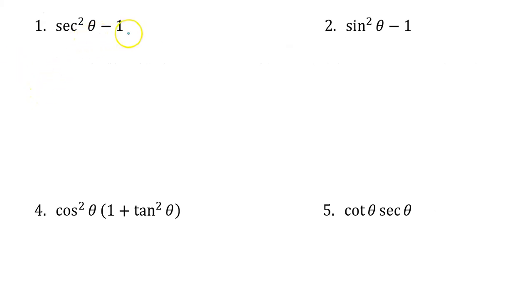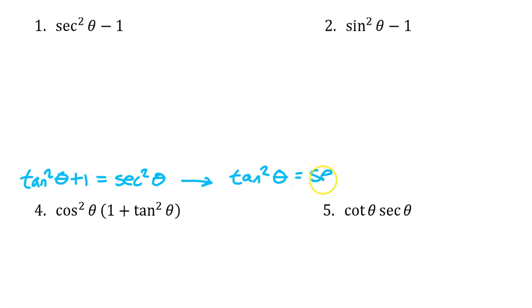Secant squared theta minus 1 reminds me of the version of the Pythagorean identity that goes like this. Tangent squared theta plus 1 is equal to secant squared theta. If we subtract 1 from both sides, we get tangent squared theta is equal to secant squared theta minus 1, which is exactly what we see right here.